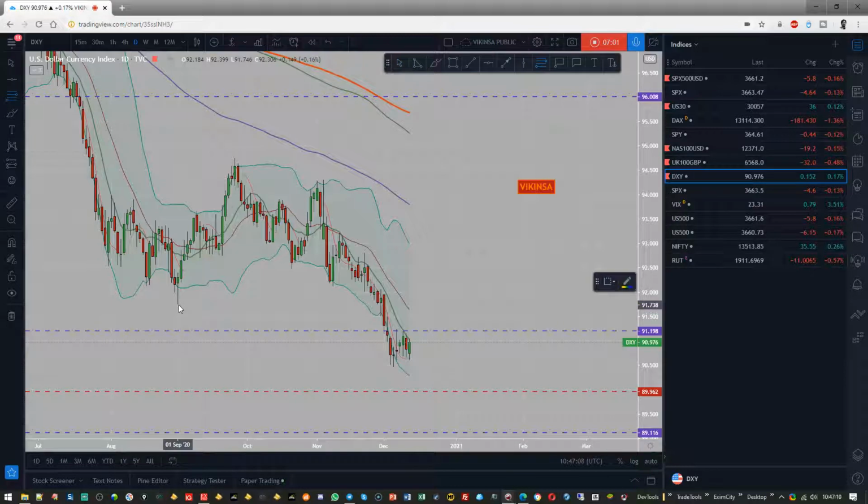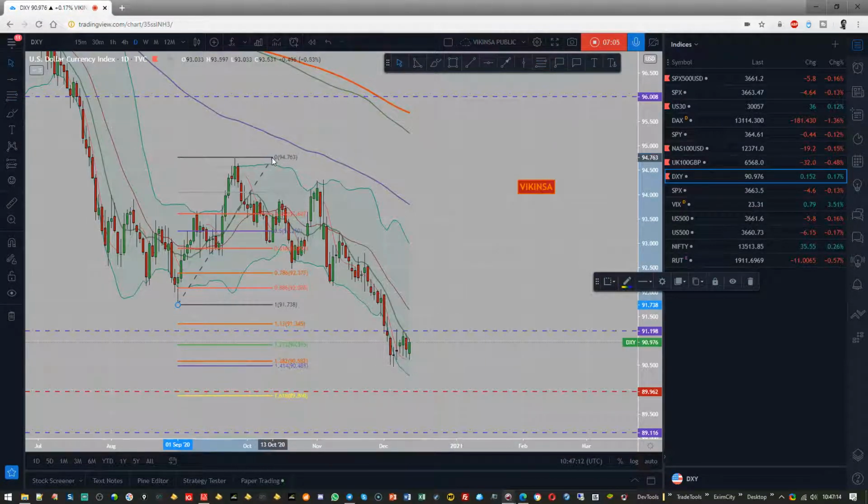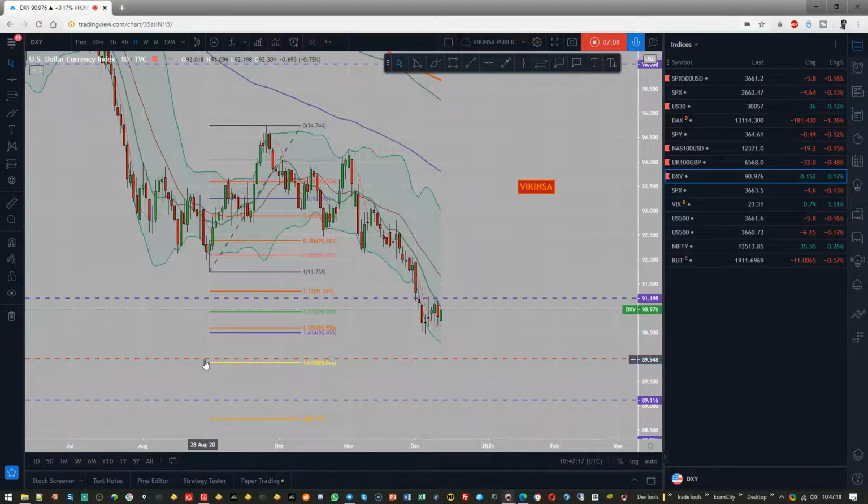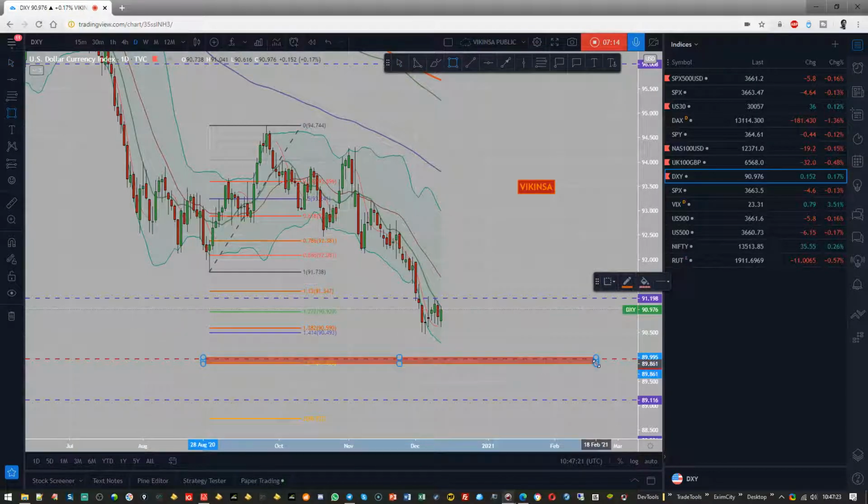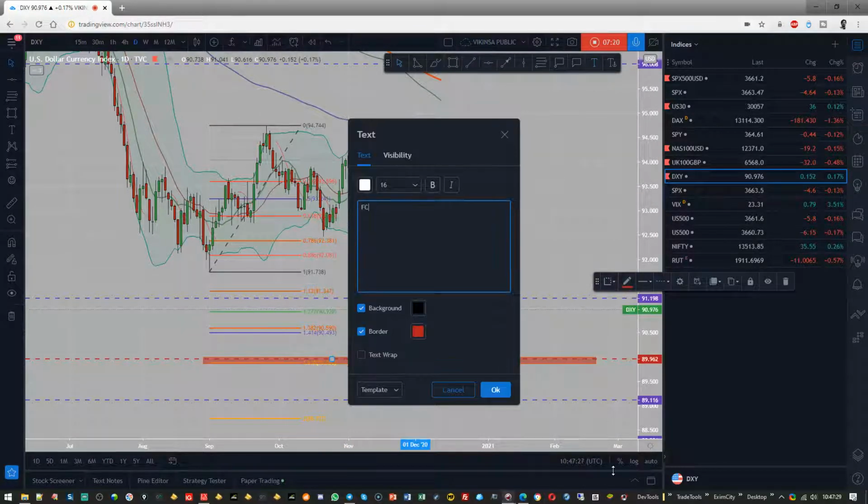Let me quickly do a Fib analysis here, and we can see that the market has come to one of those Fib levels, and you see that 1.618 is right there. So this actually becomes a very good FCP zone. Let me quickly mark this zone.